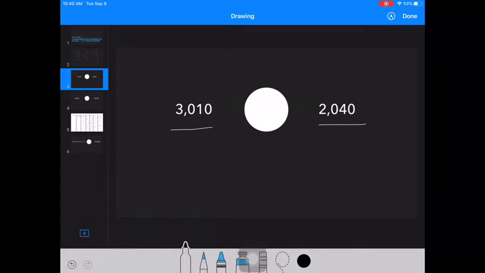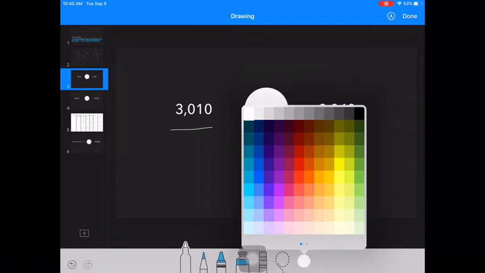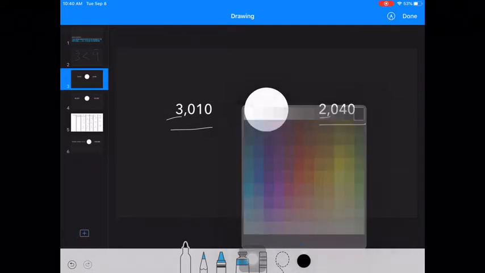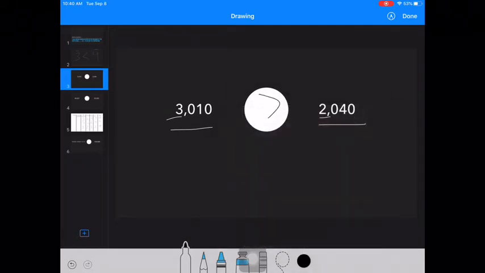We're in the thousands, 3,010, 2,040. So I can easily look at the first number here and realize that 3 is greater than 2. So therefore, my greater than symbol is going to go that way. 3,010 is greater than 2,040. We can see that based on the thousands.